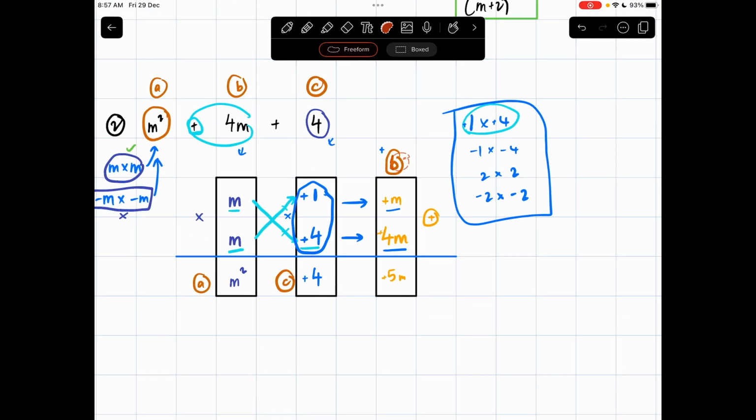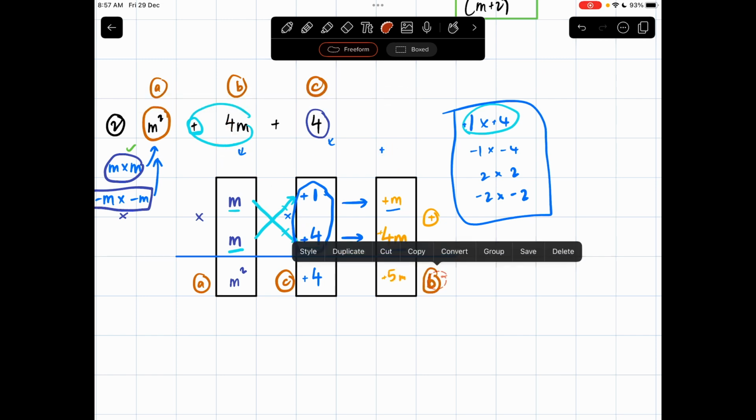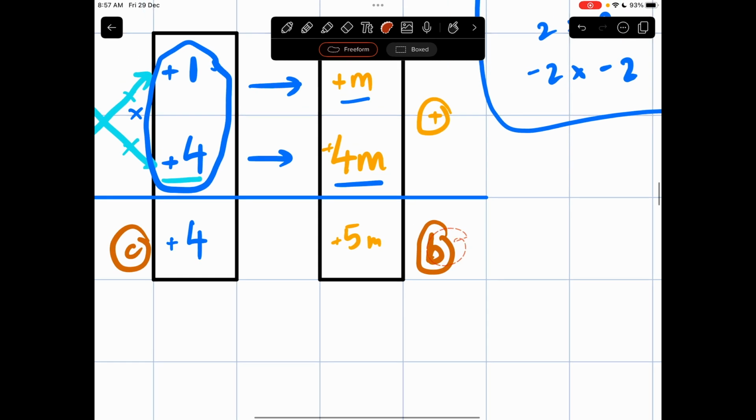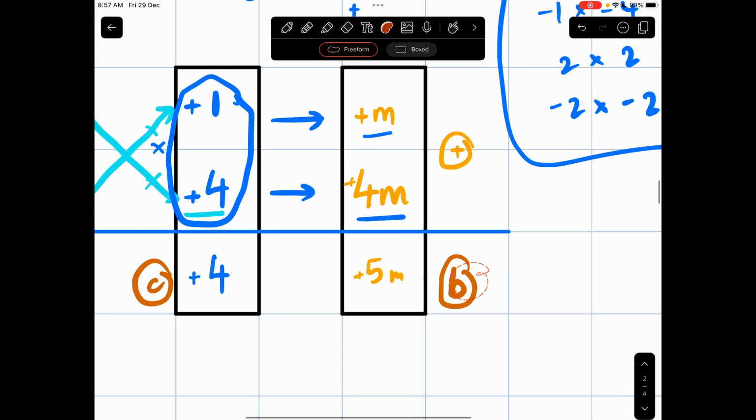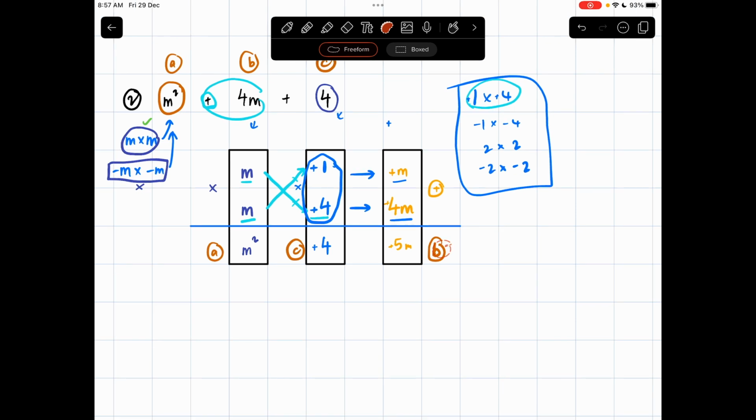So the B must follow the same suit, it's 4m. When you bring it down, it has to be 4m, but it's not, it is 5m. So this combination, which is 1 times 4, is actually wrong. It's not the correct one.